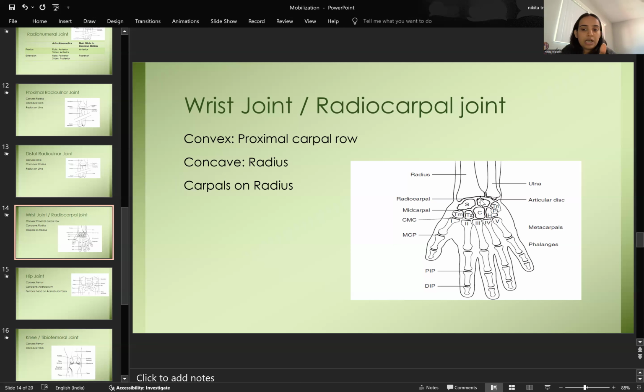Now we'll do the ulnar deviation and the radial deviation. I'm moving my hand towards the ceiling, thumb towards the ceiling. That is radial deviation. If I'm moving my arm in the ulnar direction, then which glide should I give? I should give the glide in the ulnar direction to increase the radial deviation.